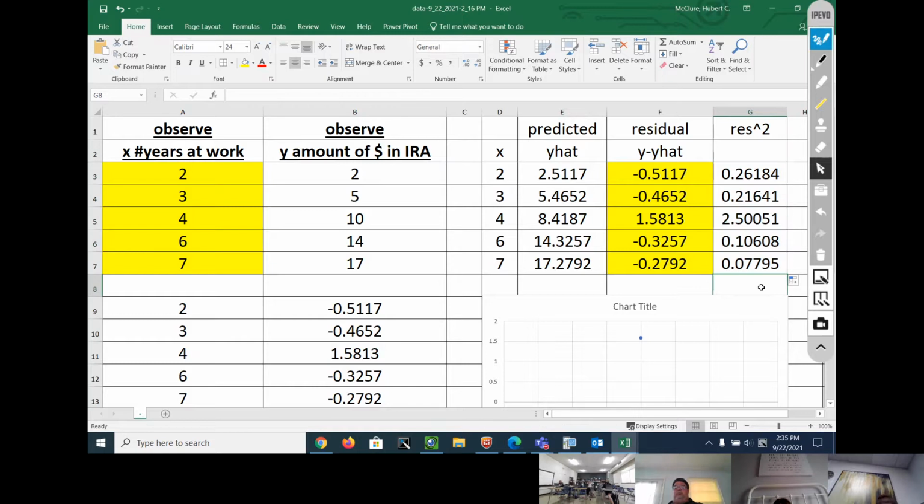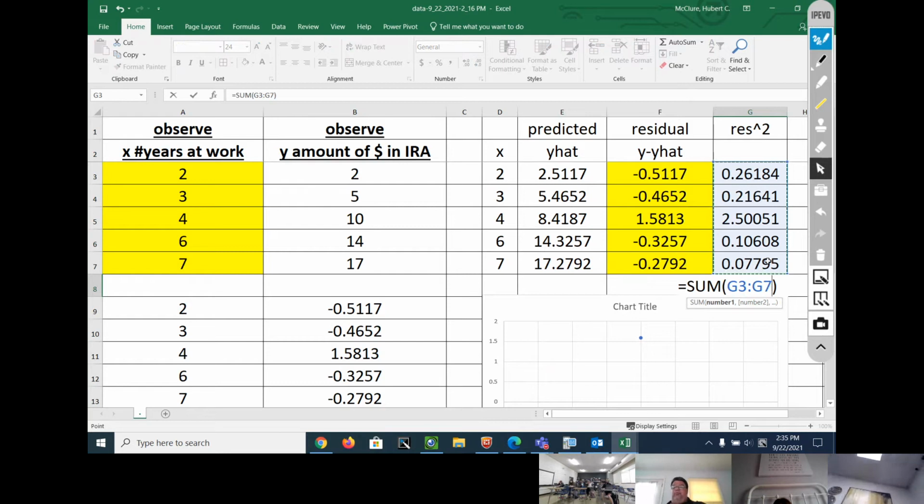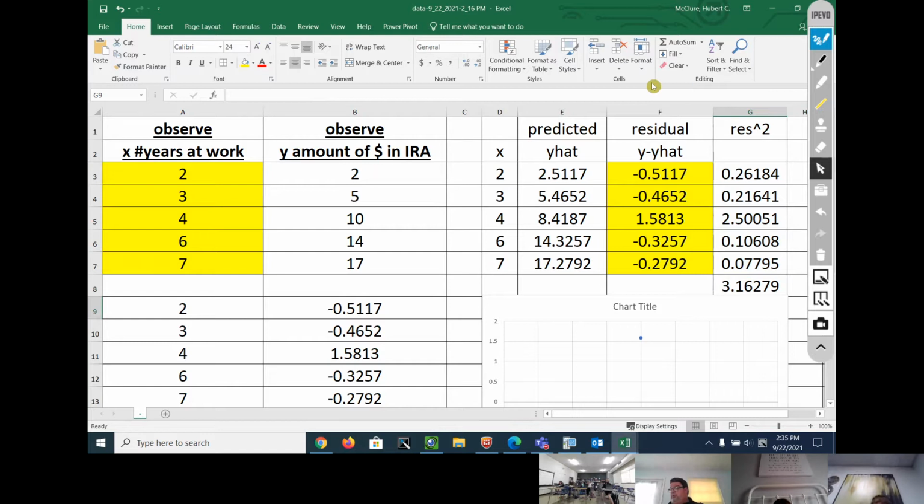And then they want you to add that number up. I don't know why. It's called the residual squared. The residual squared, in this case, is 3.16. Now, one of the reasons I'm giving you this information is not because I test you on it, it's because it's in your homework.